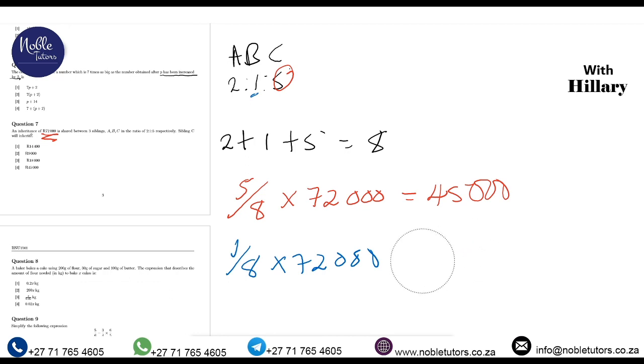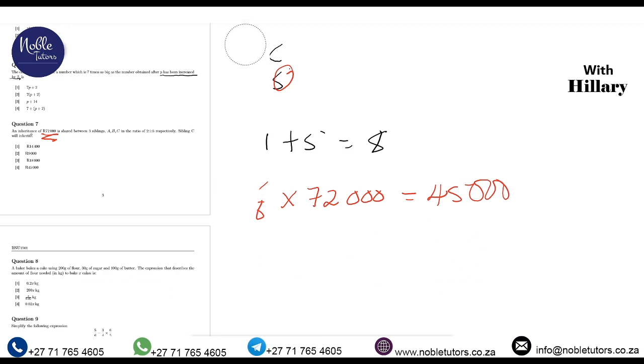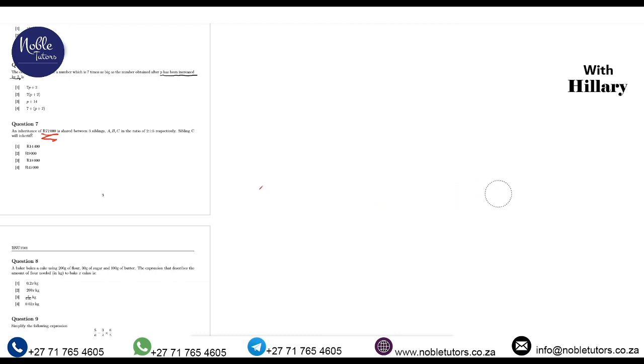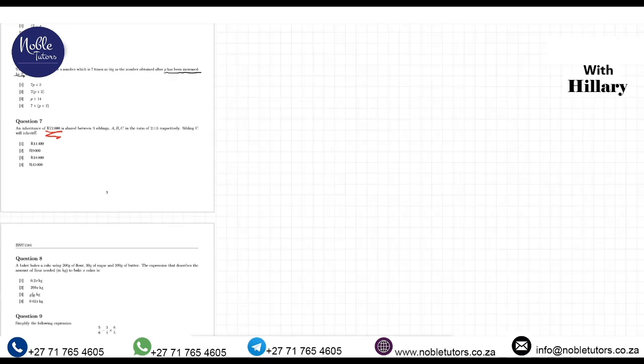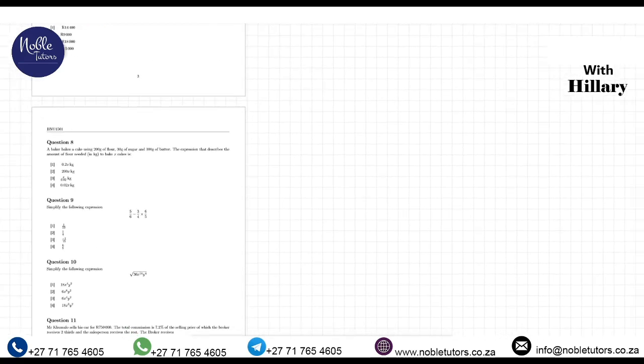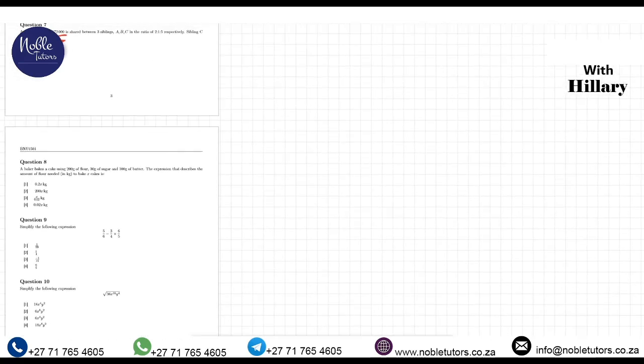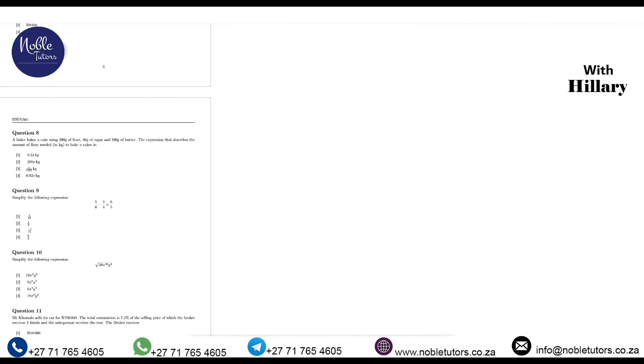Okay. So after the ratios, we need to talk about the next question, which is covering some part of chapter 2 of our studies. On question 8, we can see that now we are dealing with a ratio, but our ratio is dependent on certain variables.